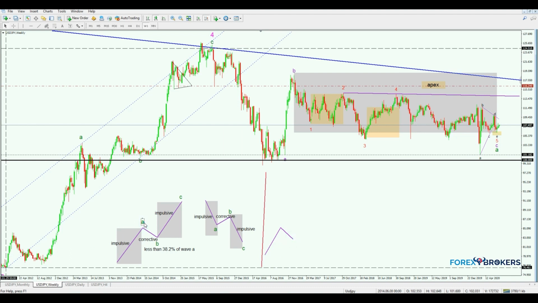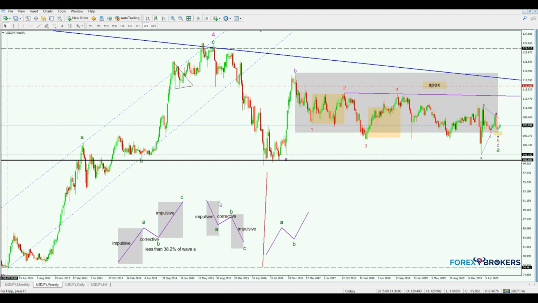Wave A is impulsive. Wave B rarely retraces more than 38.2 of wave A. And then the C wave should take the same time, or approximately the same time, as it took wave A to form.